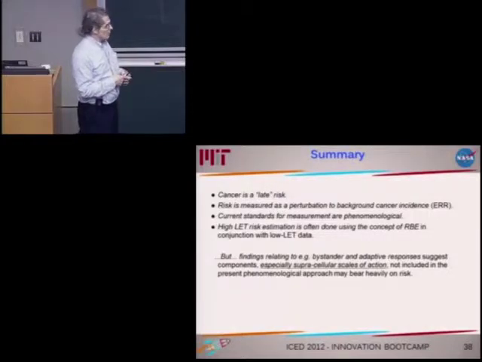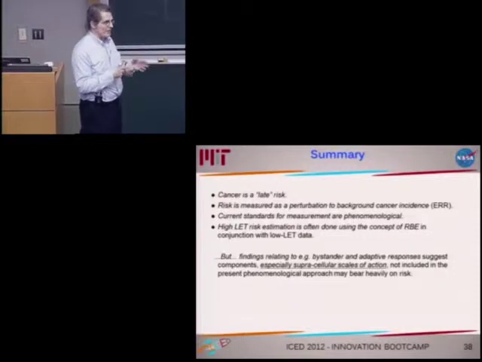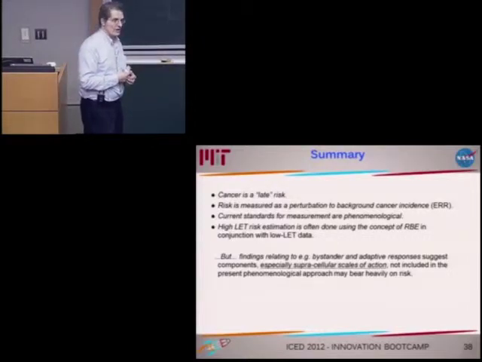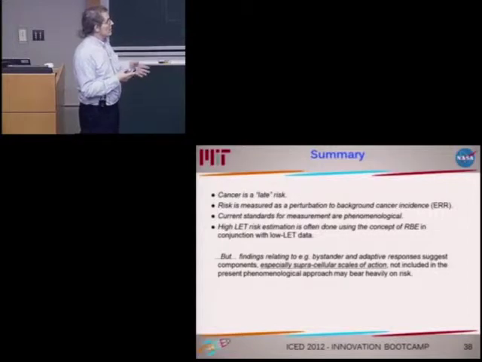So what have we learned here? Well, cancer is a late risk, which has complicated its assessment. We don't have the benefit of we cause cancer and then say, okay, it happens a day later, and so we have a quick endpoint to see what happened. We have to wait. We have to understand the intervening events, which I'm going to get back to here just shortly. Risk is measured as a perturbation to background cancer incidence.